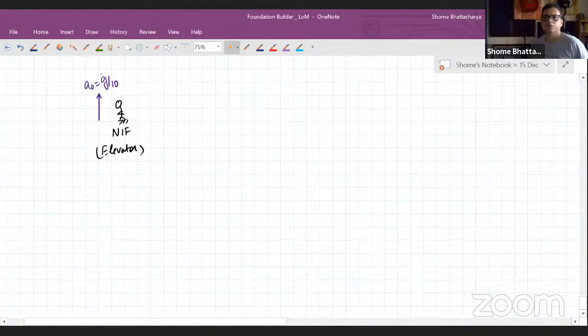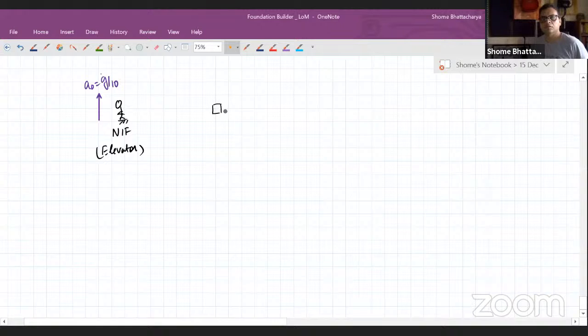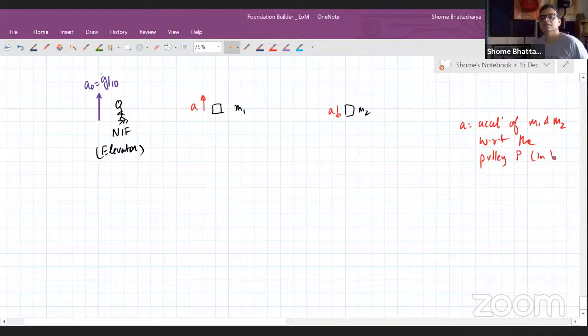So when we make the free body diagrams in this frame, the block M1 and the block M2 will each have an acceleration A upwards and an acceleration A downwards. A is the acceleration of M1 and M2 with respect to the pulley P, which is in the elevator's frame. The pulley is fixed in the elevator's frame.